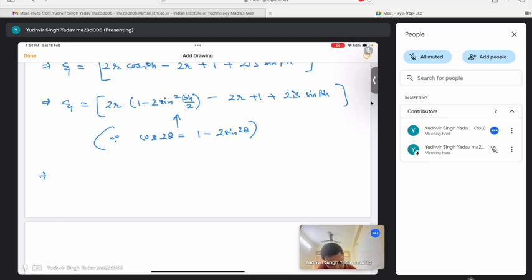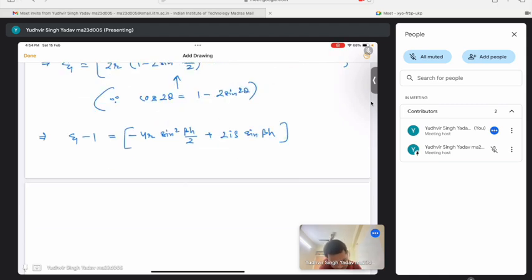Now, sending 1 to the other side, it will be minus 4r sin²(βh/2) plus 2i s. The 2r and minus 2r cancel, and we are left with sin βh.